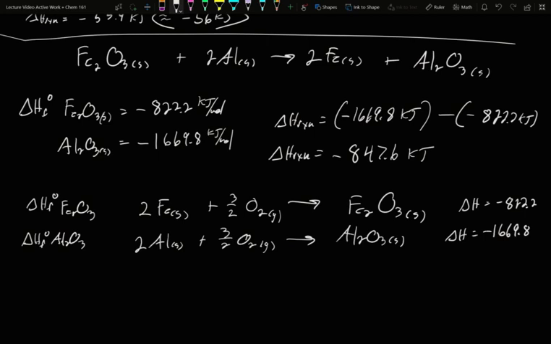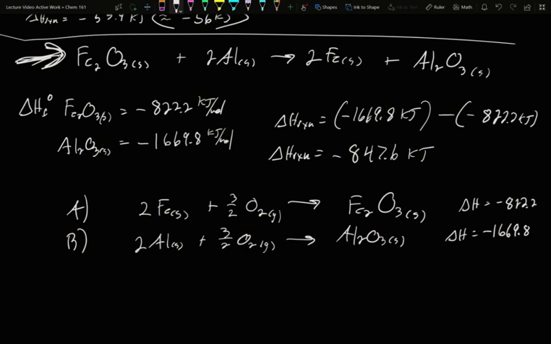Our delta H of formation values, remember, come from a reaction. We can write what that reaction is. If we then just call those reactions A and B, we can modify these to create the original reaction that we want.